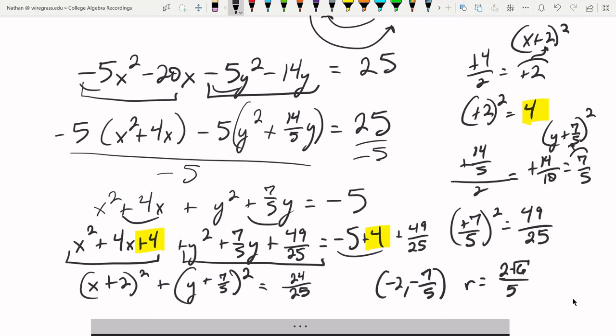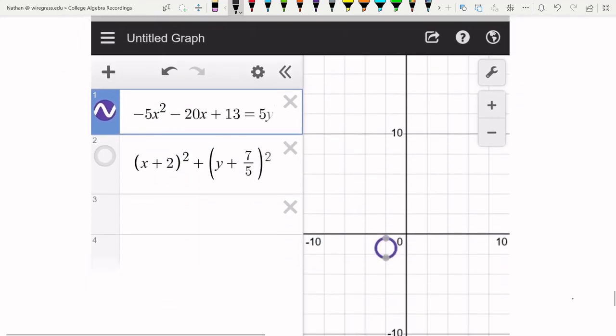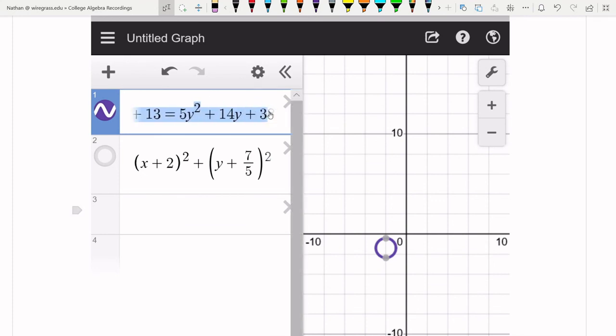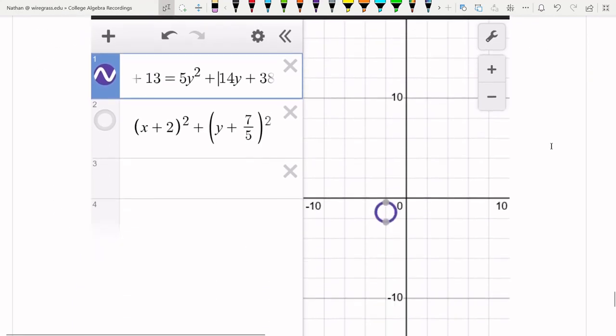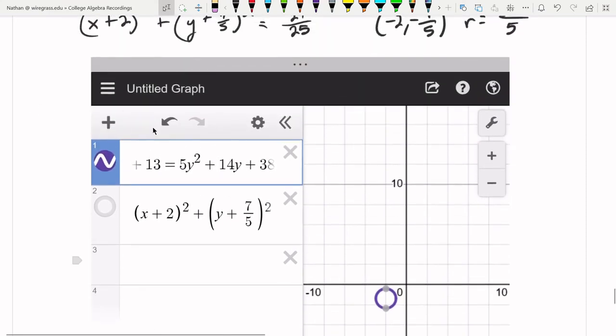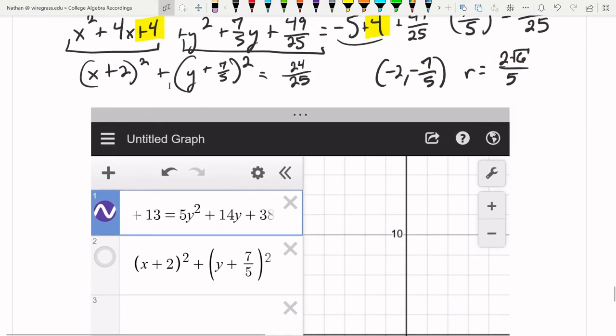And now we can graph this to make sure we've done it correctly. Here I have the first statement. That's the exact circle that we started with. And then I have my new equation here.